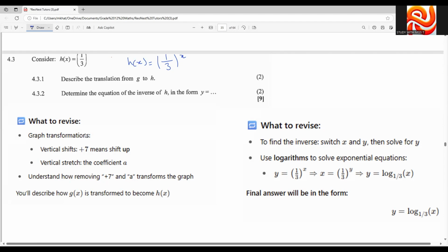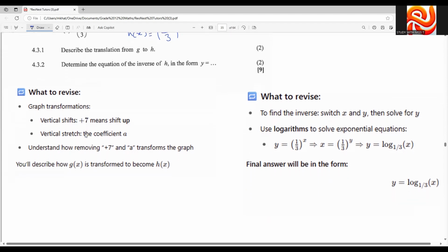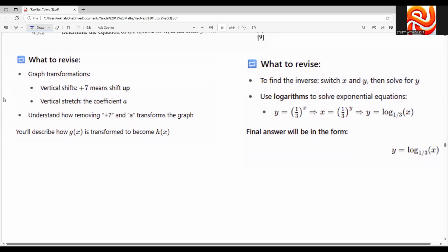So I would say translation 1 unit to the right and 7 units downwards.